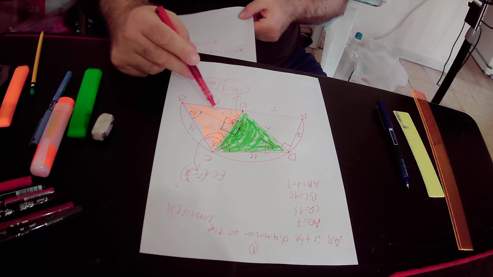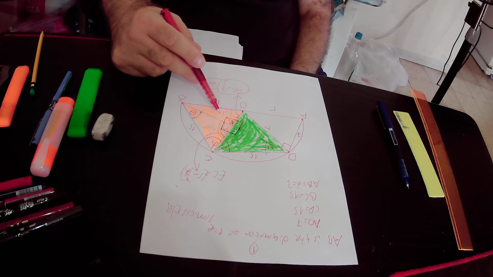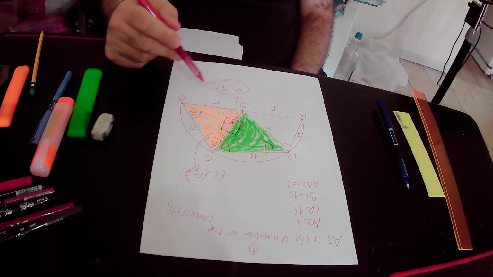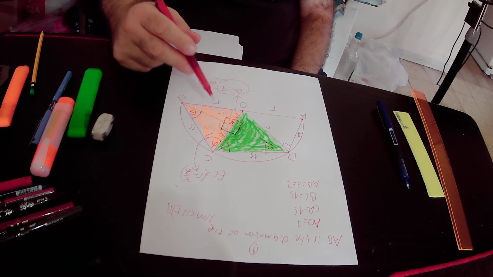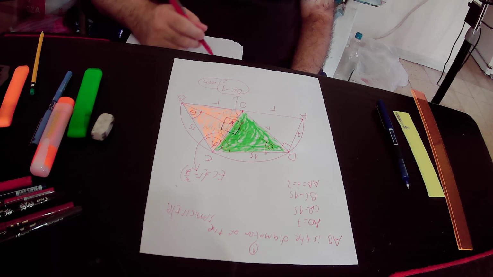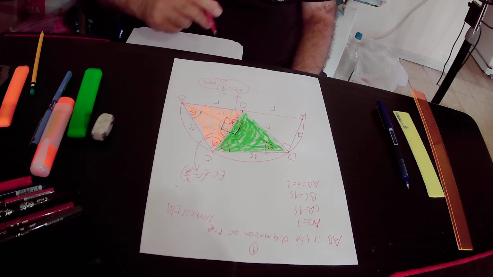Okay, so if we relate to this right triangle, EB square will be equal to OB square minus OE square.